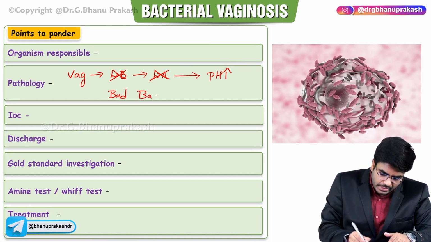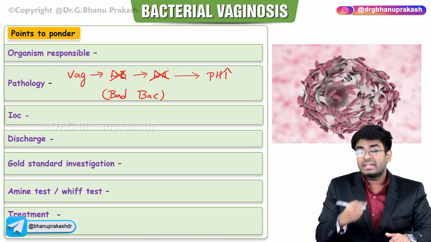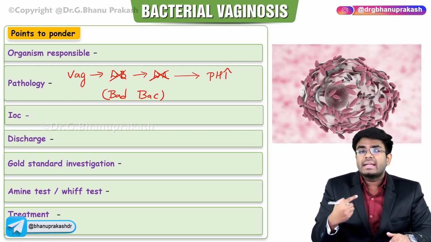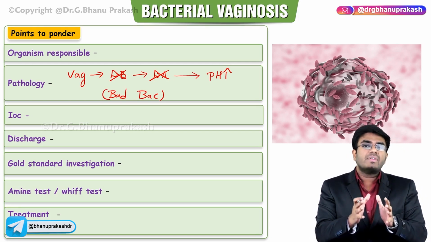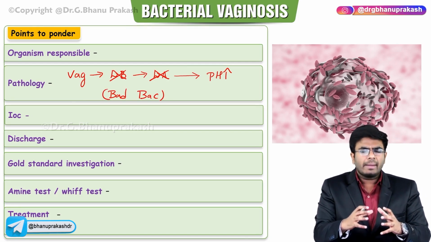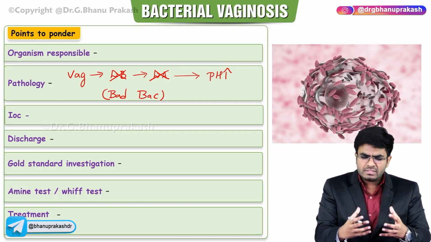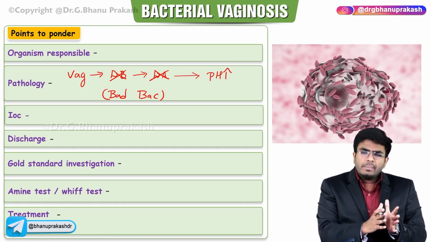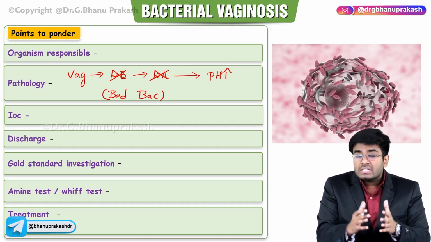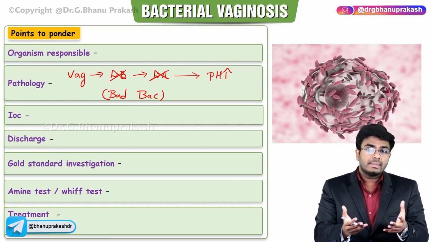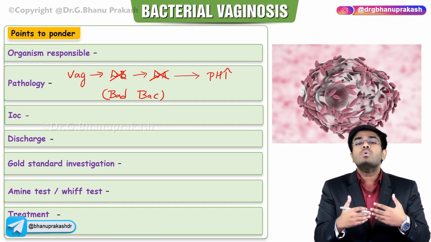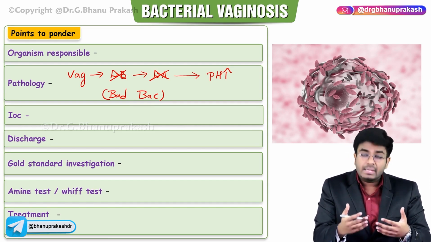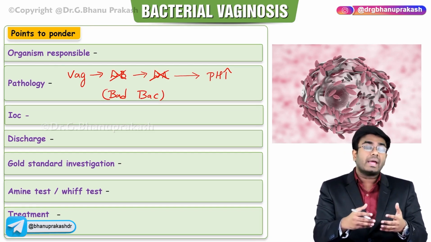Now in the place of good bacteria, that is lactobacillus, bad bacteria are colonizing the vaginal environment. If bad bacteria are present in that place, what will they do? They will cause lots of trouble. So a female with bacterial vaginosis is going to present with the main feature of foul smelling vaginal discharge because of the growth of this bad bacteria.